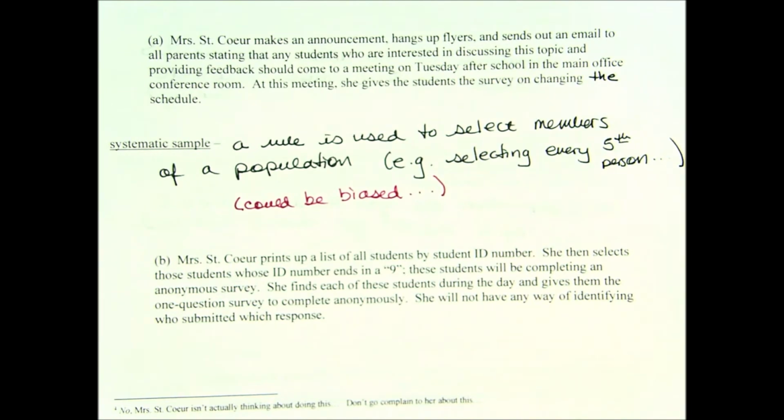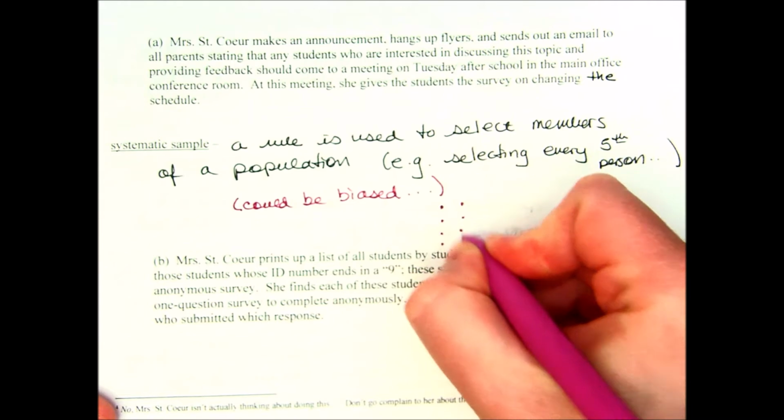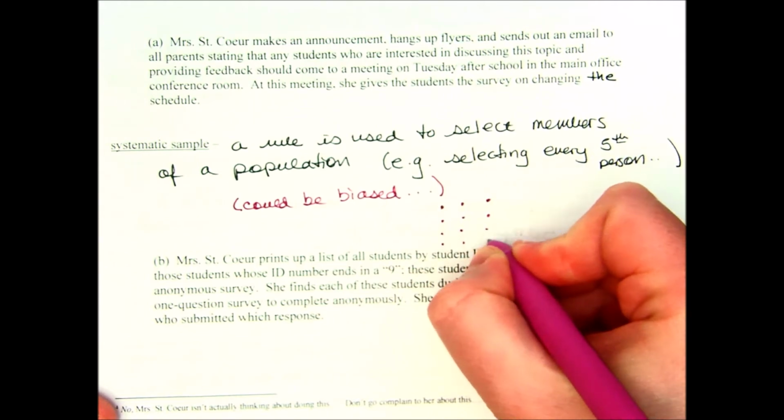The example that I used to do in class was, let's say I want students' opinions on how easy it is to read my writing on the board. And I'm going to go through the room and pick every 4th person to give me their opinion. So I'm going to go 1, 2, 3, 4. 1, 2, 3, 4. Let's pretend this is my seating chart. 1, 2, 3, 4. 1, 2, 3, 4.